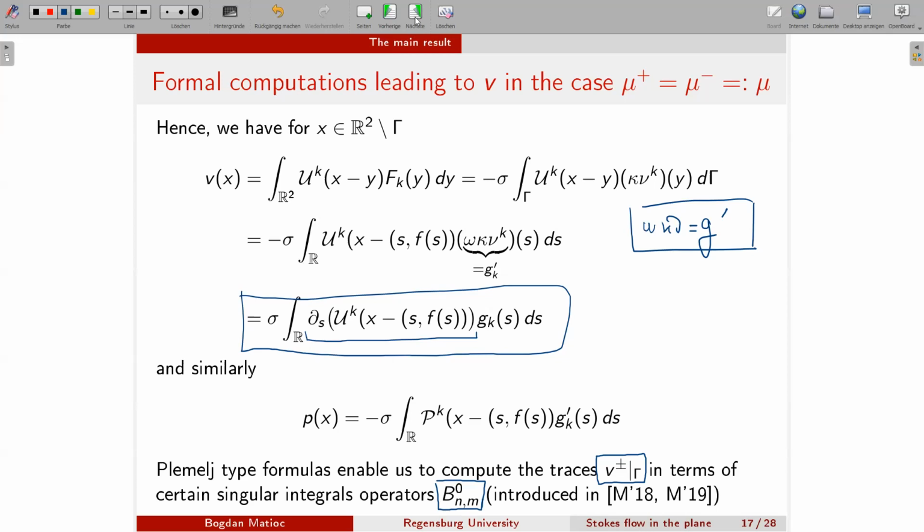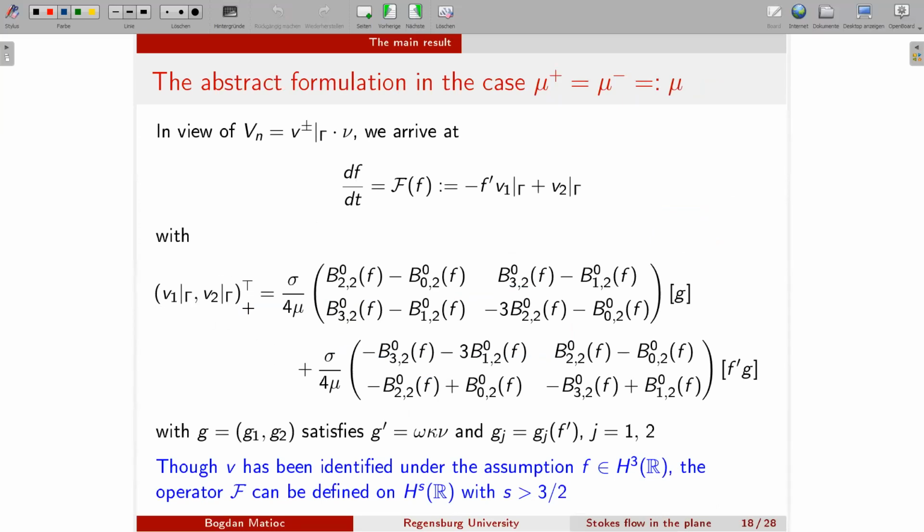But here you have on the next slide what the traces are, namely V1 and V2. The trace on gamma is defined. You have here a lot of singular integral operators, which all depend on F. And here we do not have the curvature, we have the function G, which is fully nonlinear with respect to F prime.